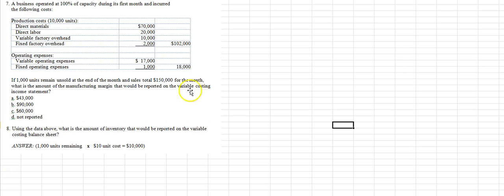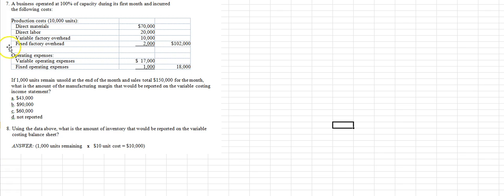And it's asking for variable costing. So we know that under absorption costing, all these go into the product cost, but not under variable. Under variable, we exclude fixed factory overhead.